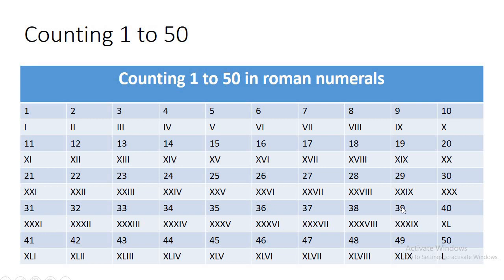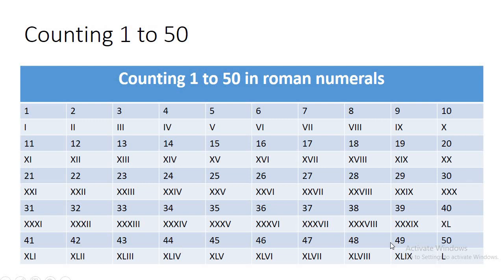So you get numbers from 31 to 39. But yes, 40 is a change here, as you cannot write X 4 times, so you have to take the help of 50, as L represents 50, so I have to place X before L so that its value is subtracted. Hence we get 40 as XL.